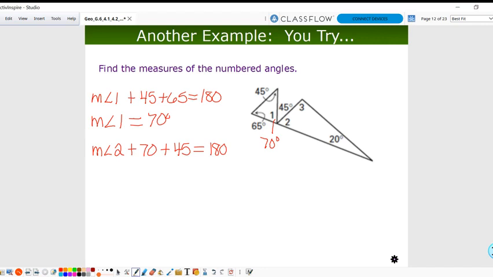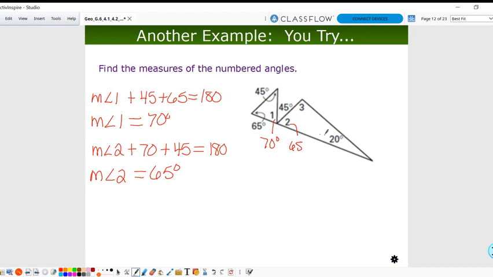So we have 180 minus 45 and 70. That'll give the measure of angle 2 to be 65 degrees.